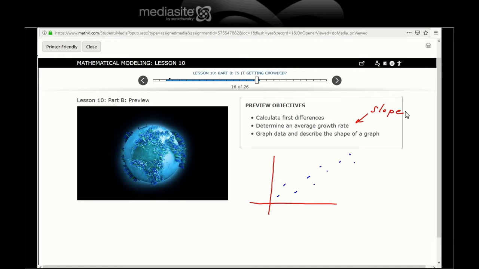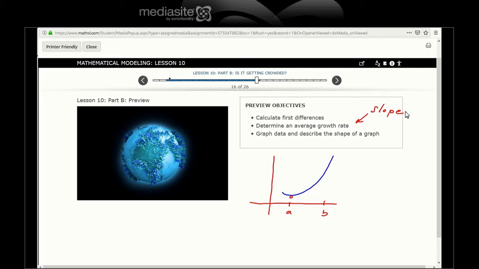Or even better yet, it's basically this one, but you're just looking for the average growth rate between two of the points.